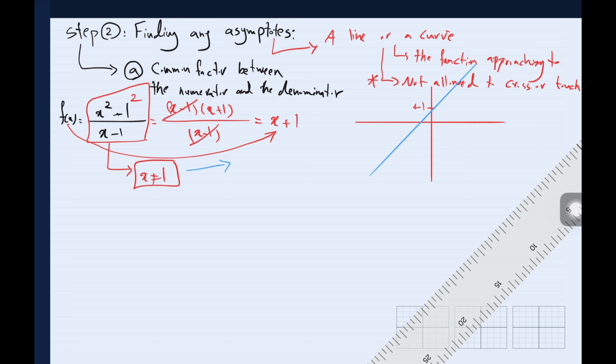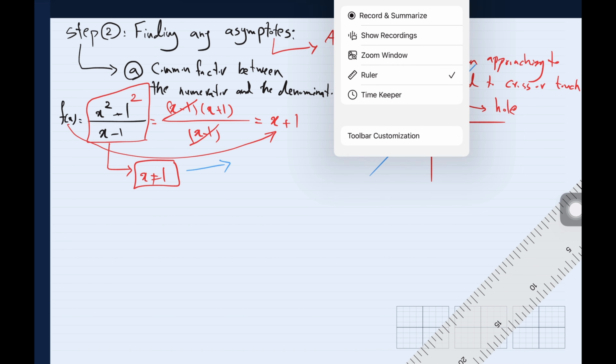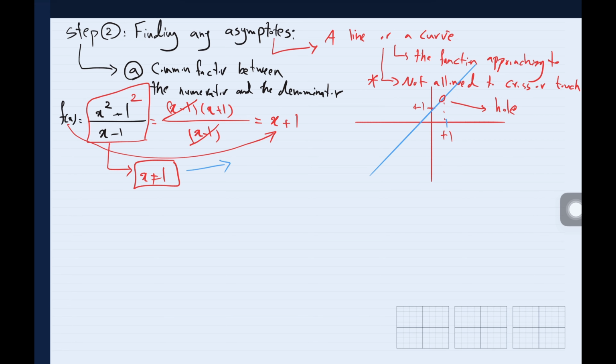So if I have x equals positive 1 here, then this point is not allowed to be on the function. So I have to have a hole here. If I have any common factor between the numerator and the denominator, then we could expect a hole on the graph. This is step 2 part A.